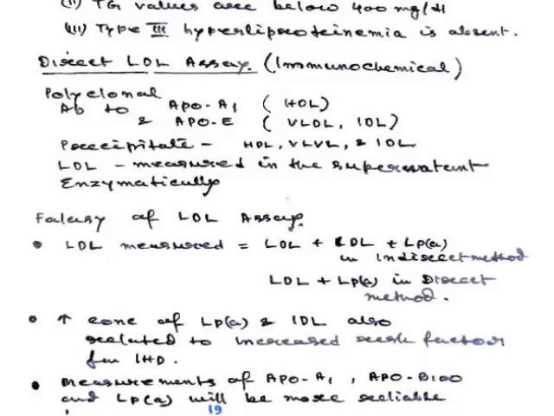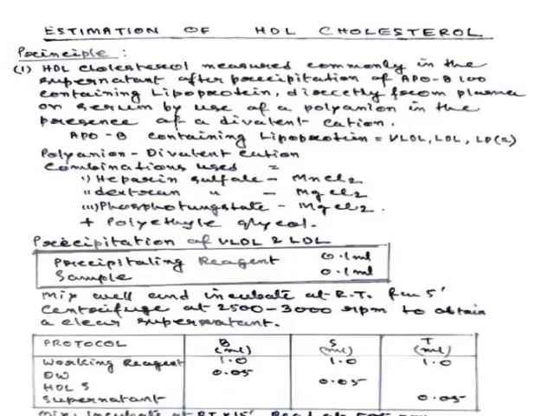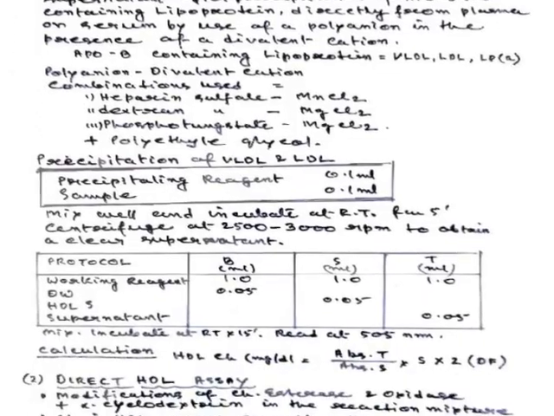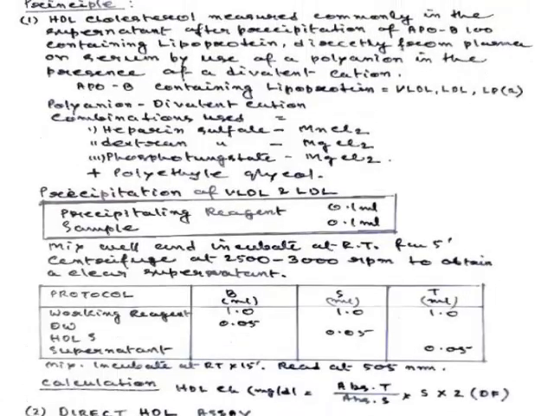And in case of HDL also, there is a direct as well as an indirect method. This indirect method is very important to know because sometimes direct methods are very costly. The indirect method gives similar results at much less cost. This is very important in our country, a developing country where poor people are more, so the cost of diagnosis should be less, and this can also be a method of your validation.